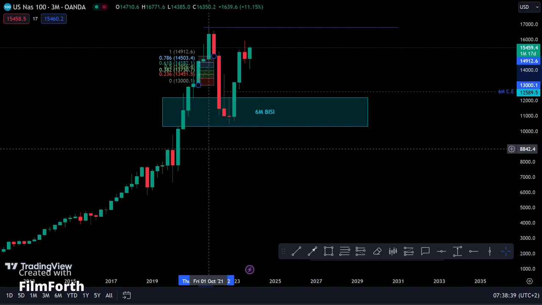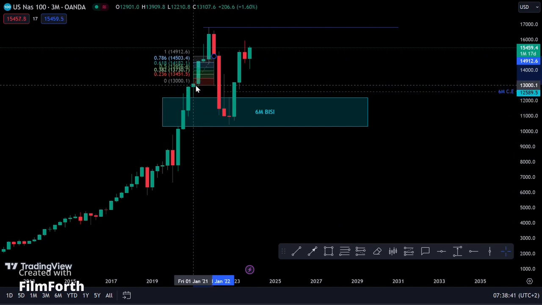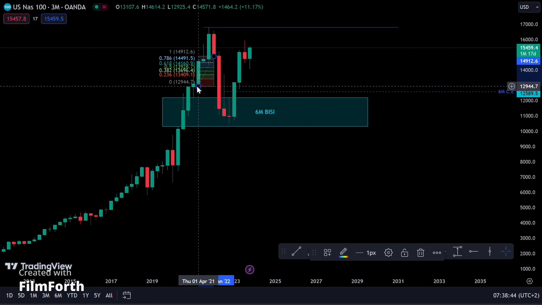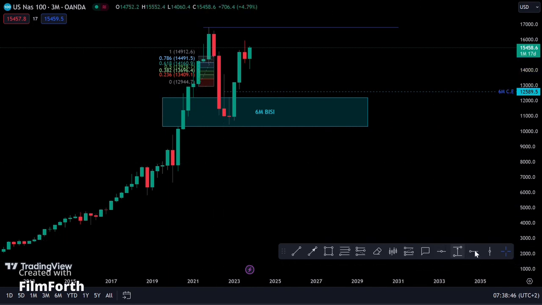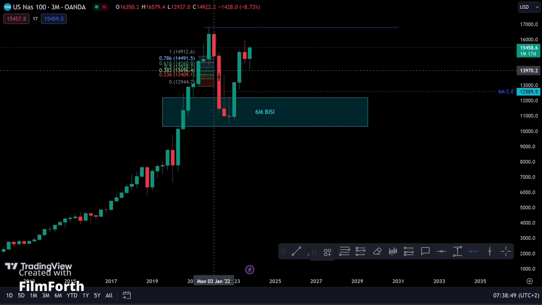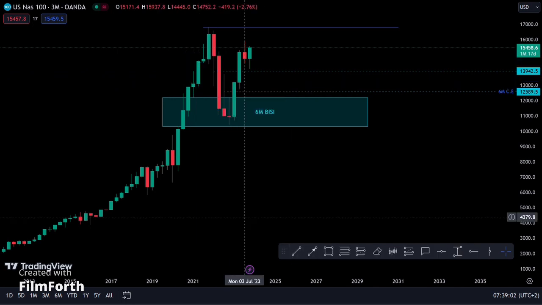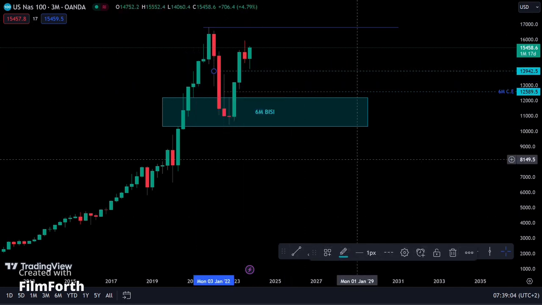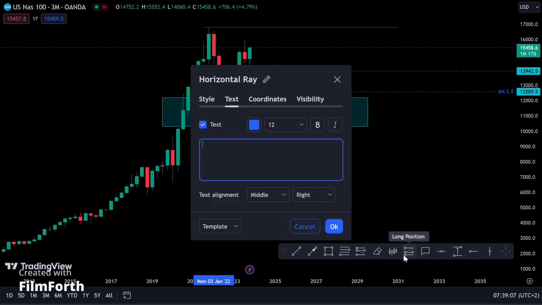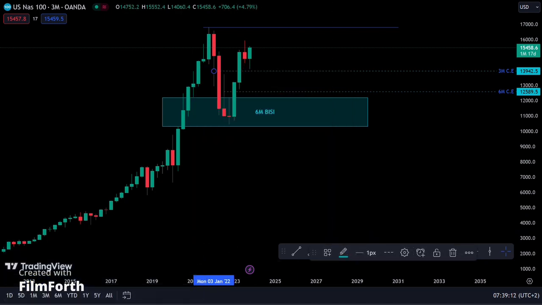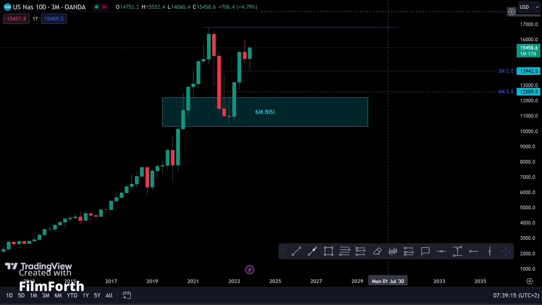This candle's consequent encroachment is right there. That's the consequent encroachment of that area, which means that is a powerful 50% area on the market. When the market arrives there, it usually bounces off.